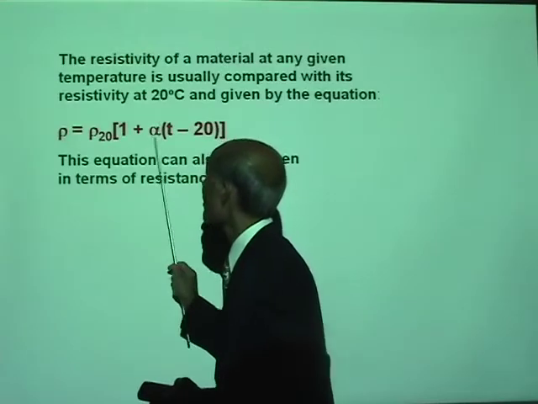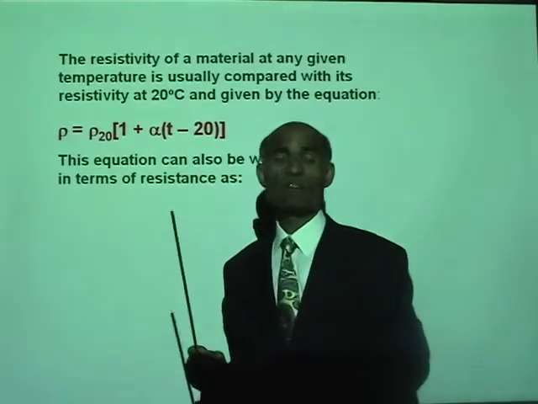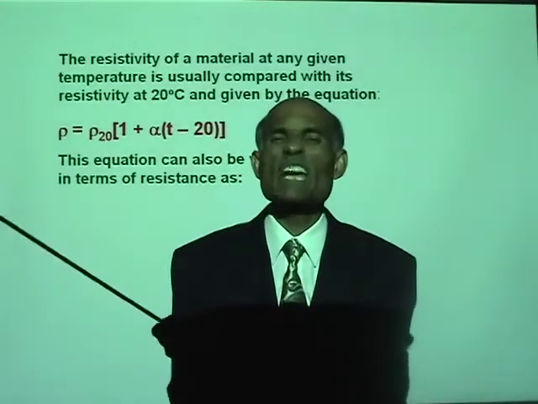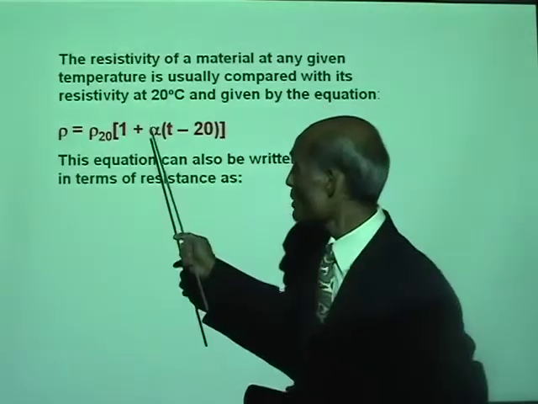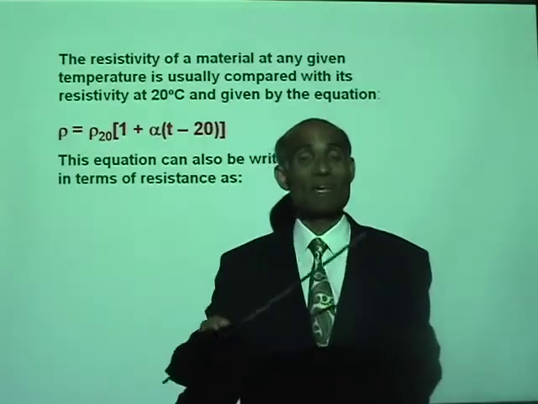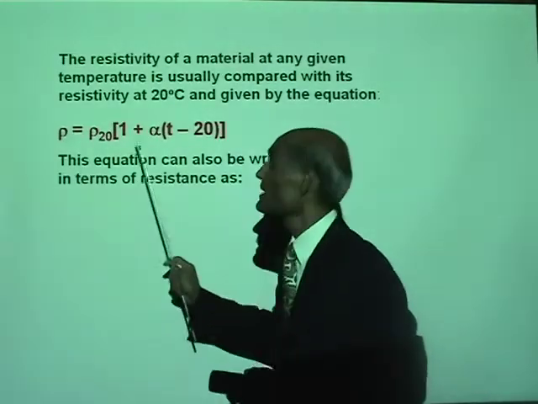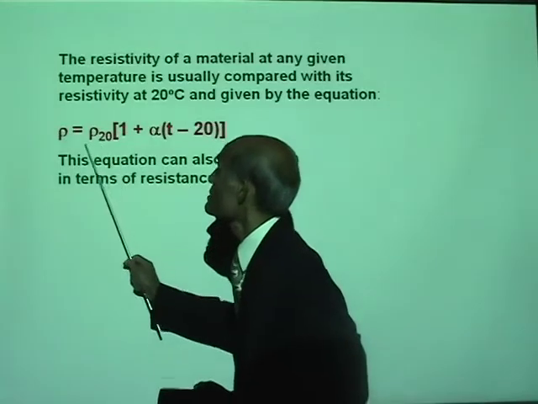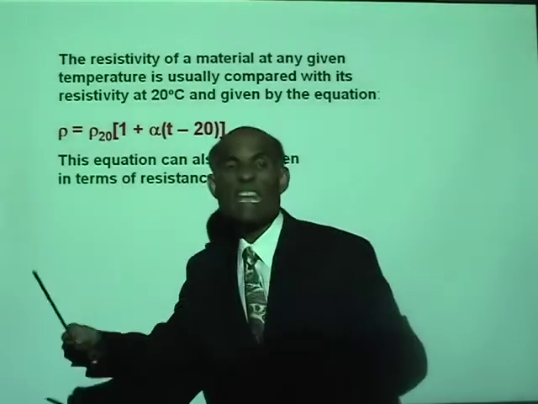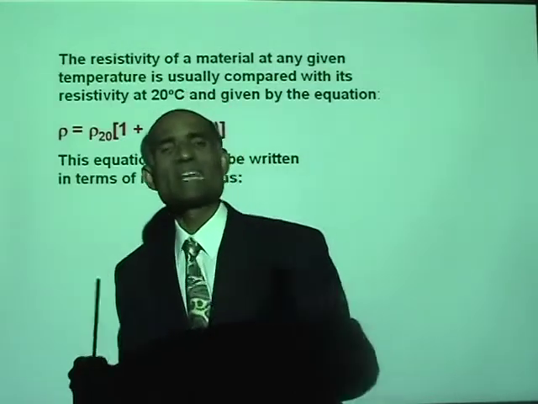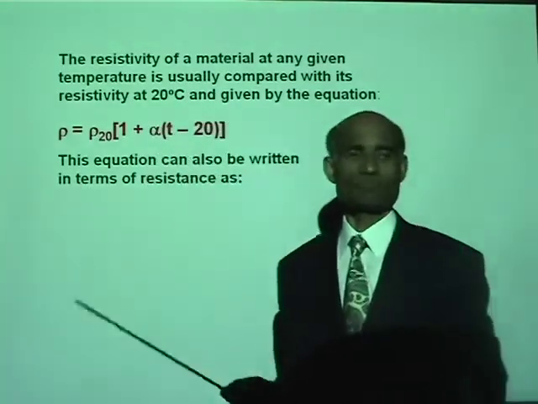If you remember the equations we use for linear expansivity, these equations are very similar to that, because this equation assumes that the increase in resistivity is linear with temperature.